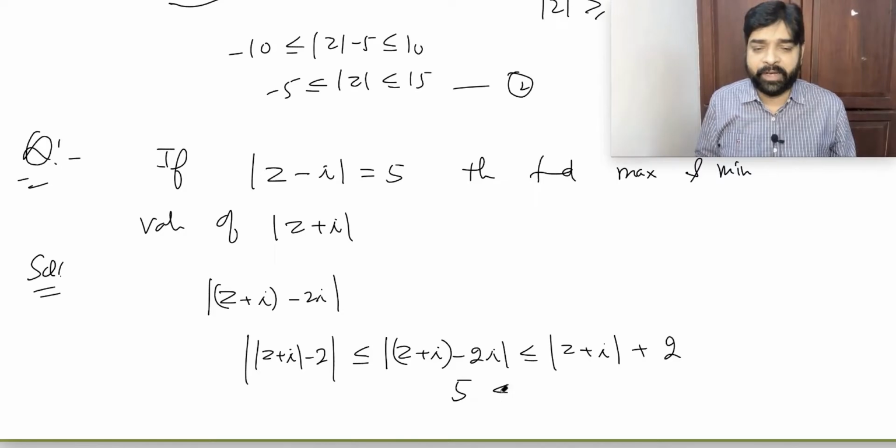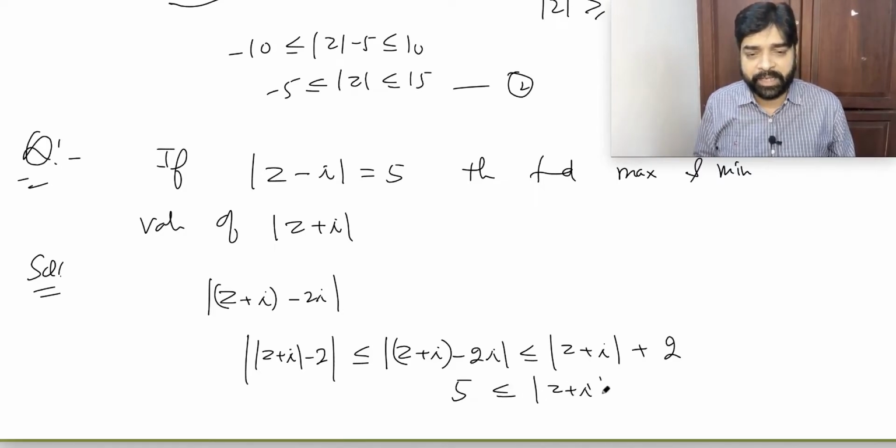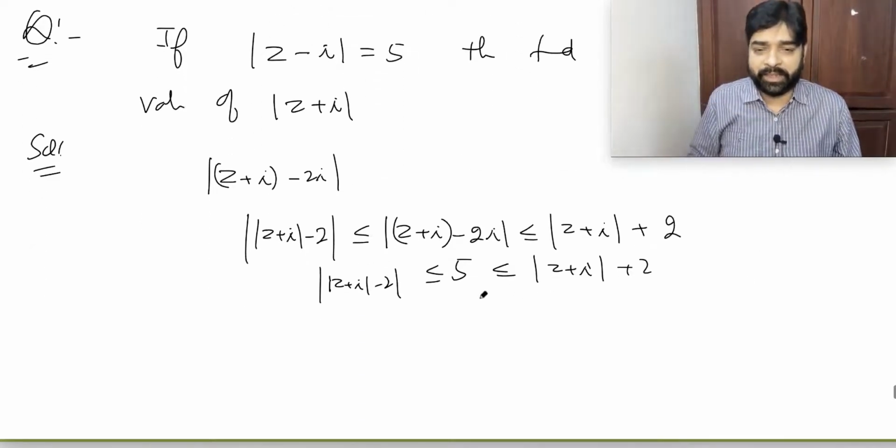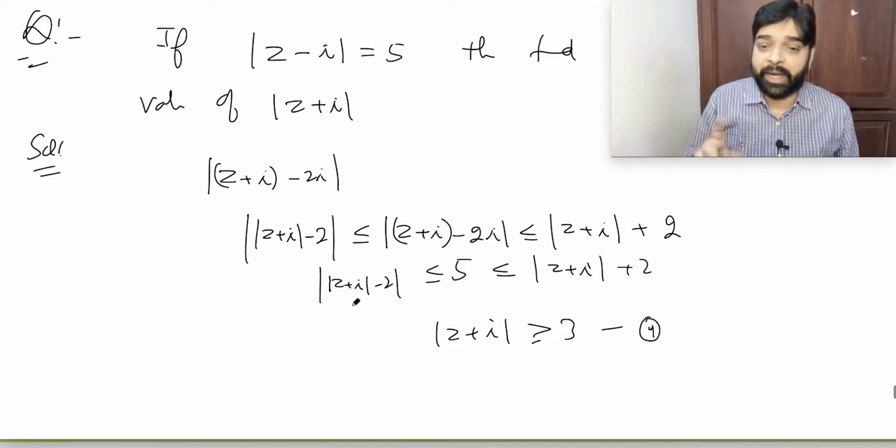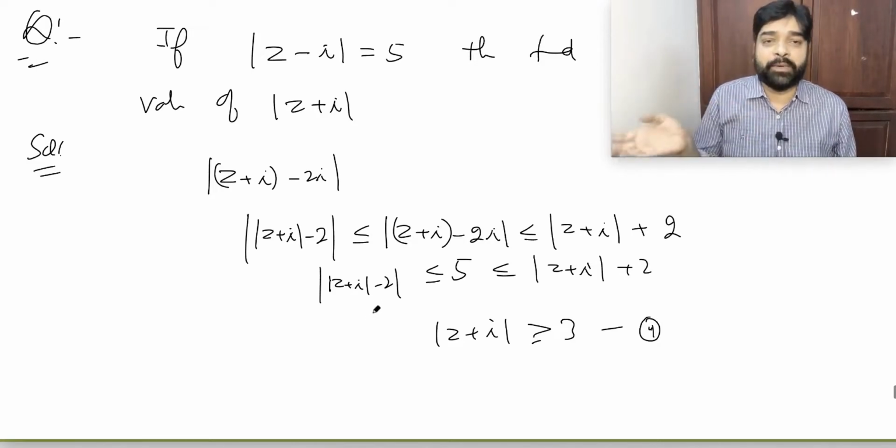This is 5, less than or equal to mod of z plus i plus 2, less than or equal to mod of z plus i minus 2. Solve it. The rest you can do easily. Mod of z plus i greater than or equal to 3. This is the first condition. And second, directly I am writing mod of z plus i minus 2 lies between minus 5 and 5.